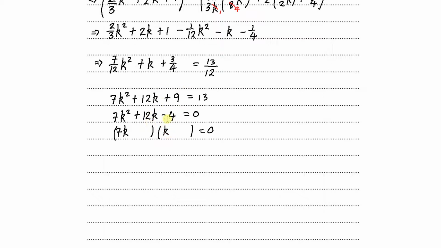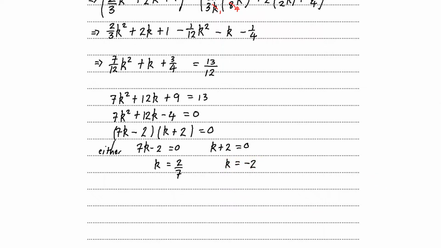For factors of minus 4, I'll have 2 here and 2 here, and I'll have minus and plus. So either 7k minus 2 is equal to 0, or k plus 2 is equal to 0. Here we get k as 2/7, and here k as minus 2.